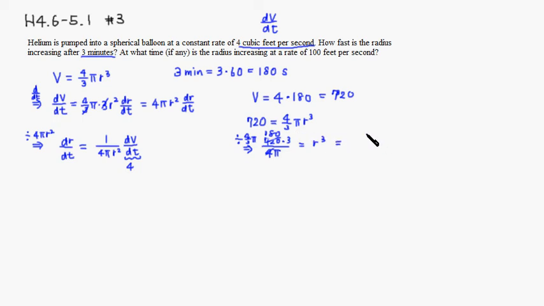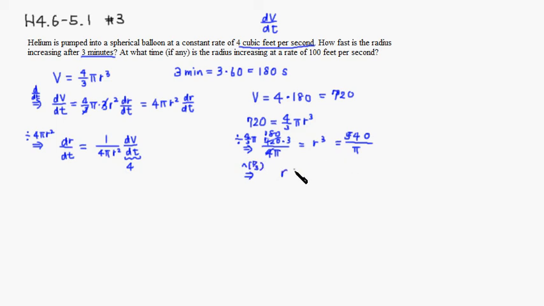So 3 times 180 is 540, over pi. Then to find r, we just raise it to the 1/3 power, or take a cube root.